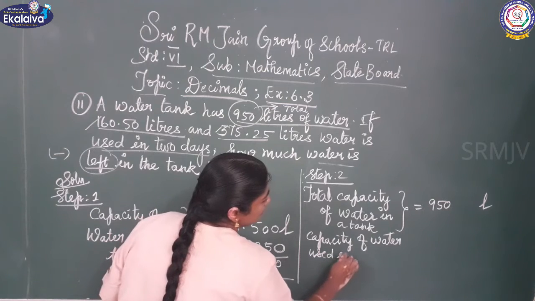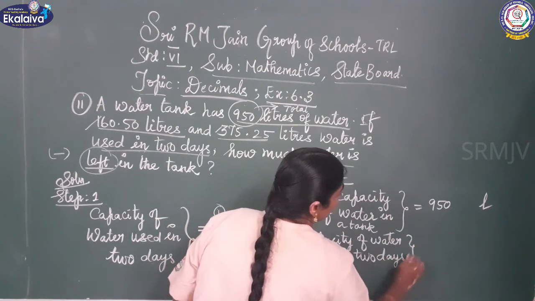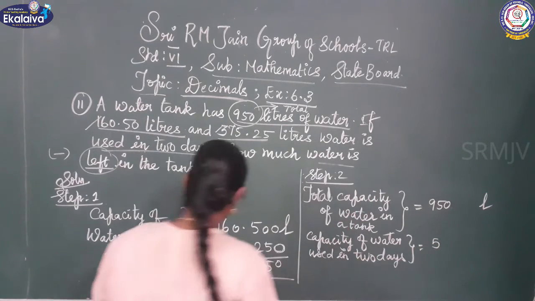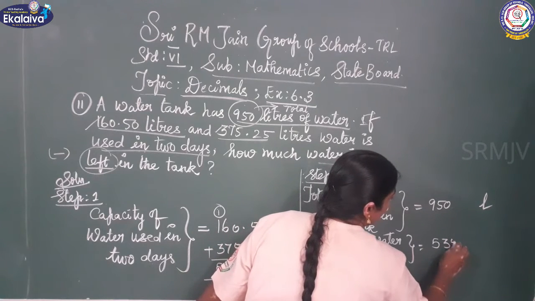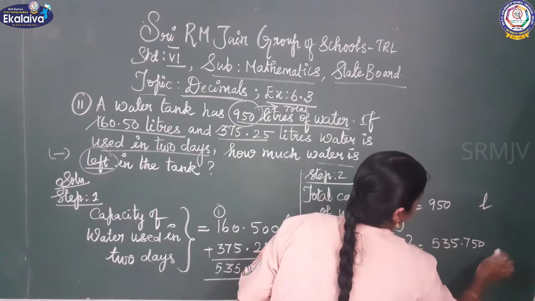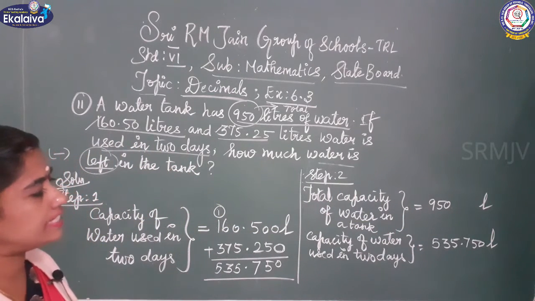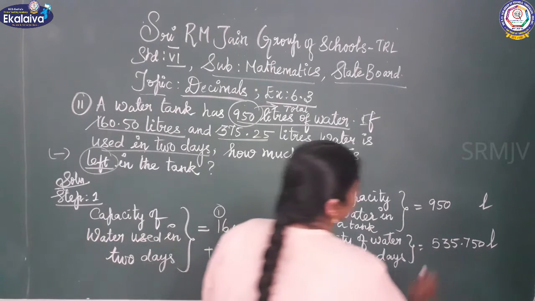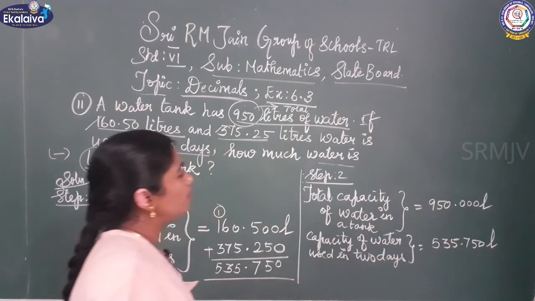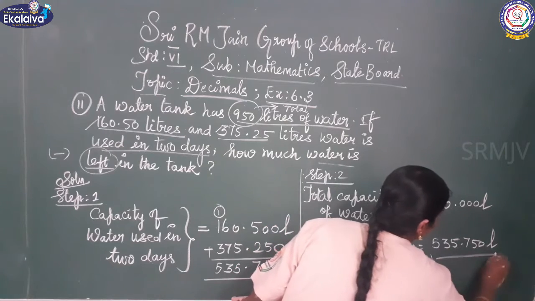What I found in step 1, I am going to write this. 535 liters, 750 milliliters. So I can write it as 535.750. Now listen children, change this into like decimal. So I am going to add 3 zeros to the capacity of water. Now I am going to subtract this.